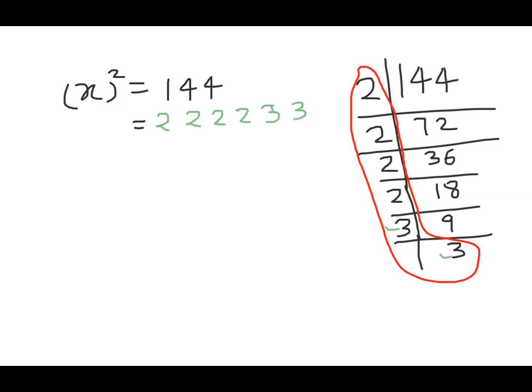We have to pick up this one also. Now we put a multiplication sign between the numbers. Now I want you to multiply all these numbers. 2 multiplied by 2 multiplied by 2, and see if 144 comes or not.